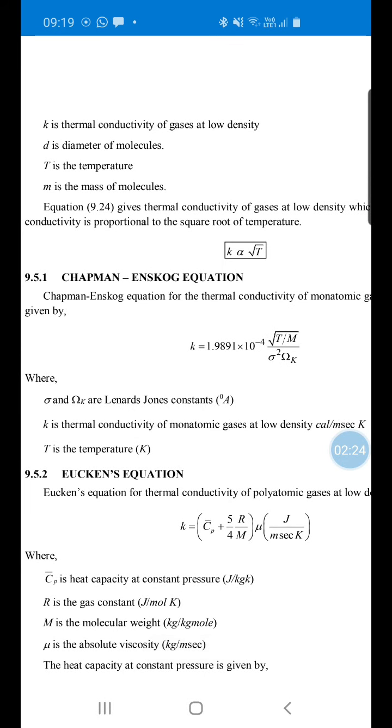This is also an equation used for low density gases, and it is mainly used for monatomic gases, that is, for pure gases.